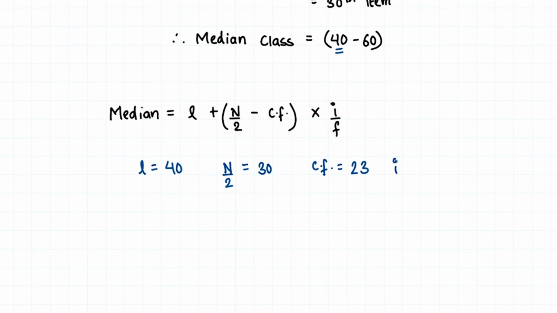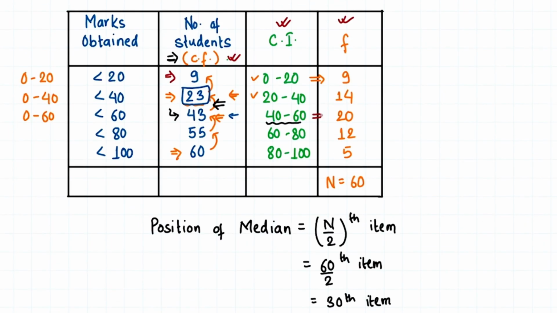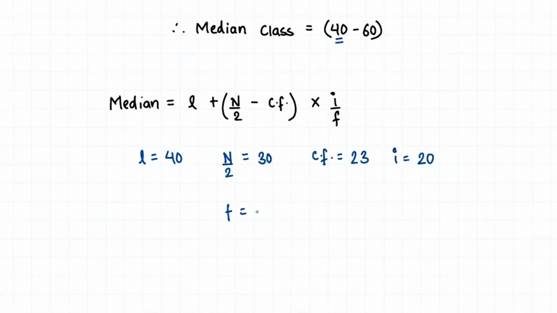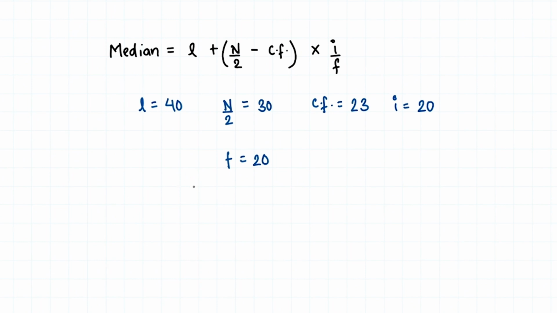Our I is the gap between our class, right? So 40 to 60, the gap is 20. For our frequency, again, we need to look at our table. So the frequency of our median class is 20, right? So our F is equal to 20. Now we just put our values in our formula and we get our answer, right?